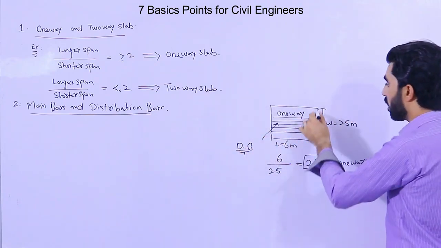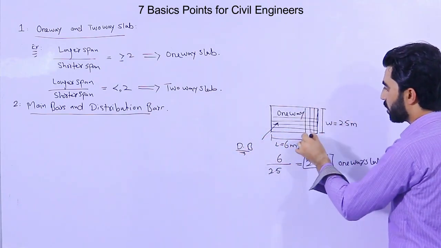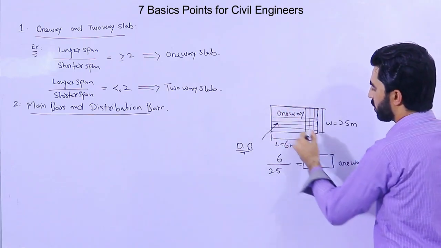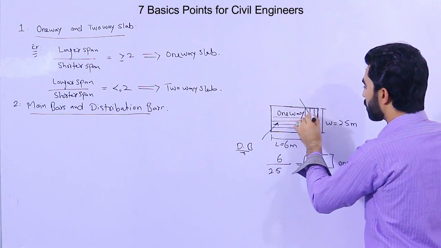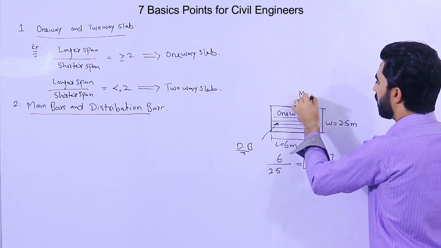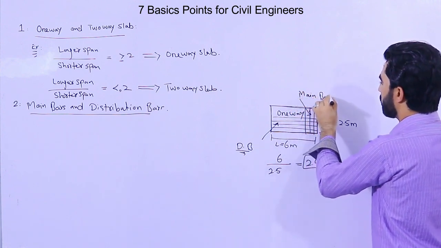But when we place steel rods on the longer span, as you can see, this is the longer span, and this is also the longer span, these steel rods are called main bars.